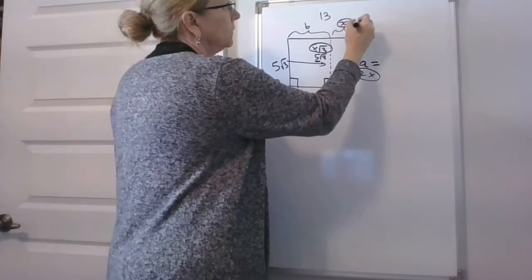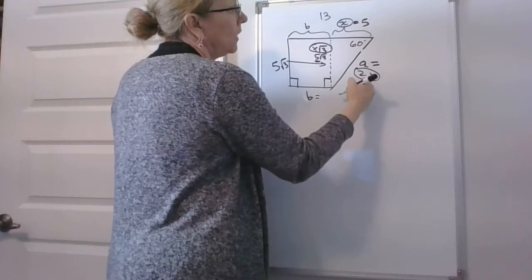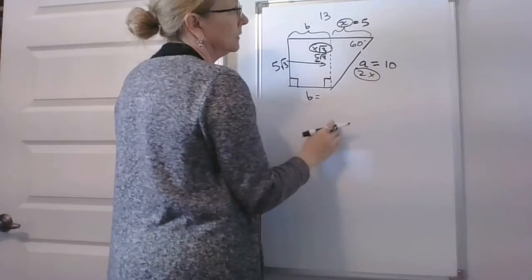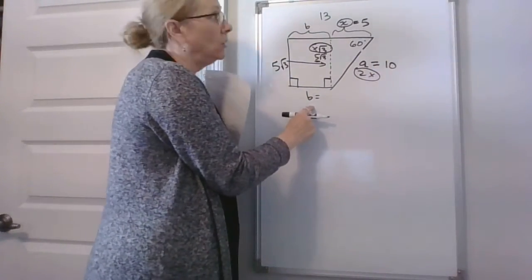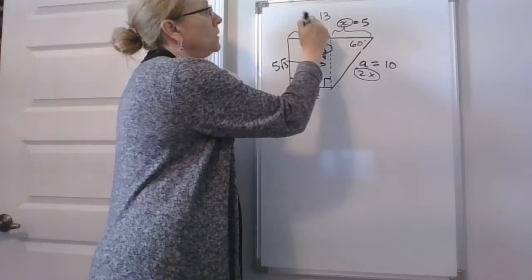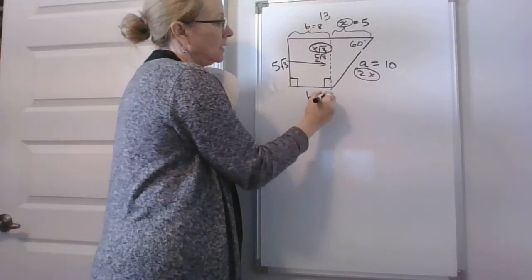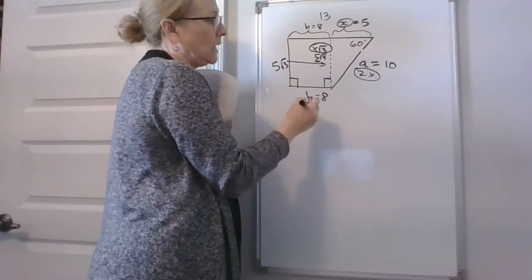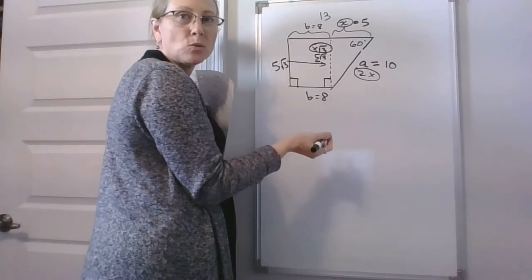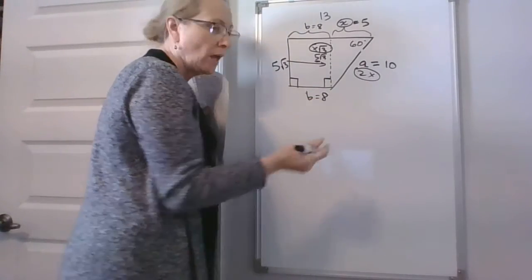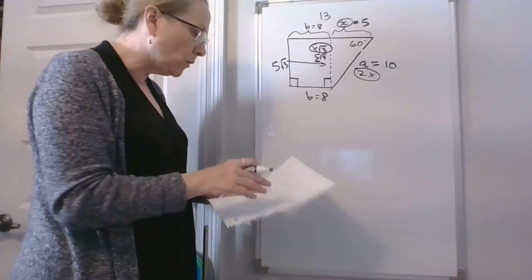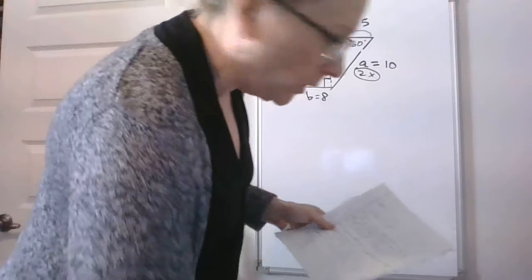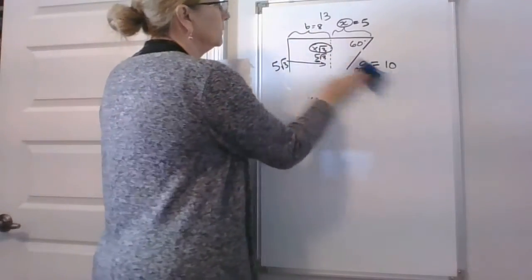The A value, which is 2X, is 10. So we still need to find our B value down here. 13 minus 5 gives us 8. This opposite side in a rectangle is 8. And we're finished with that problem. I think that was number 23 in the 9.2 homework. Okay, next one up.